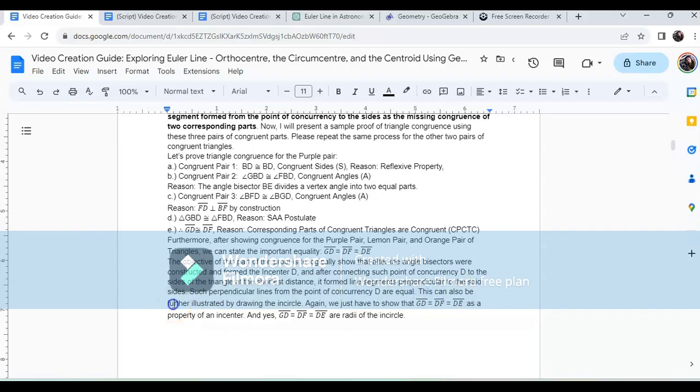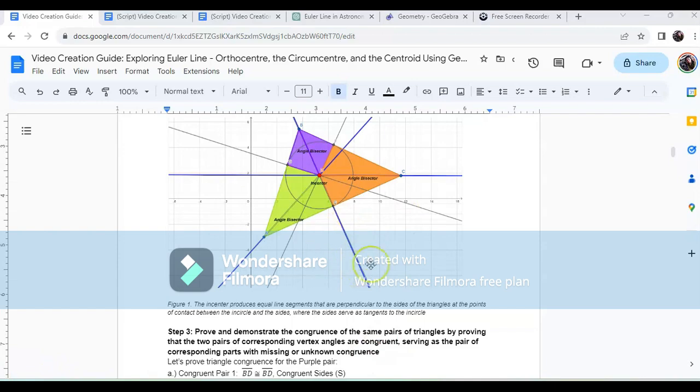Such perpendicular lines from the point of concurrency are equal. This can also be further illustrated by drawing the incircle. Again, we just have to show that side GD is equal to side DF and is equal to side DE. Lines GD, DF, and DE are the radii of the incircle. So here's our first figure.